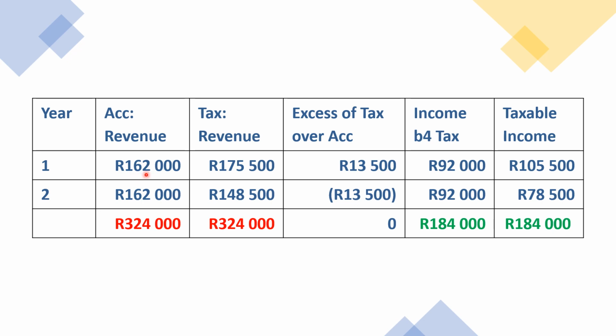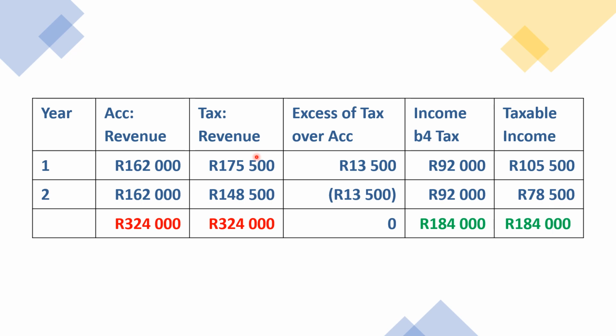If you take 162,000 and divide by 12, it's going to give you monthly 13,500. However, we received 175,500, which means we received 1 month extra in year 1 for year 2. But for accounting purposes, we only earn 162,000, hence we record 162,000. But for tax purposes, tax says, hang on, you guys received 175,500. So I want to receive tax based on the 175,500.